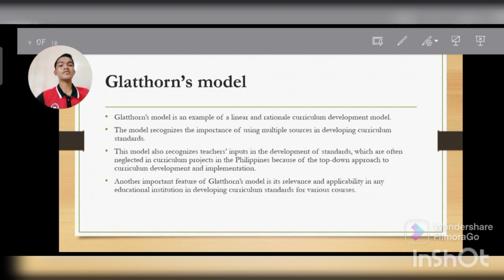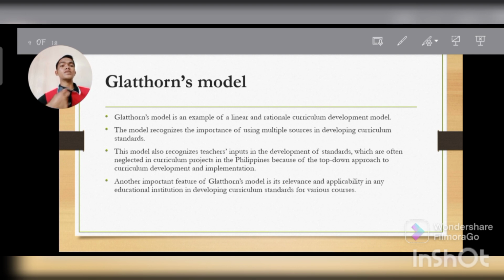So Alan Glatthorn's model. Glatthorn's model is an example of a linear and rational curriculum development model. The model recognizes the importance of using multiple sources in developing curriculum standards. The model also recognizes teachers' inputs in the development of standards, which are often neglected in curriculum projects in the Philippines because of the top-down approach to curriculum development and implementation.